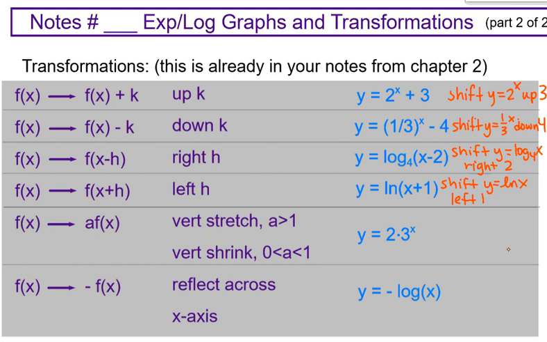If you wanted to know what y equals 2 times 3 to the x looks like, you would first think about what y equals 3 to the x looks like, and then you would stretch it vertically by a factor of 2.